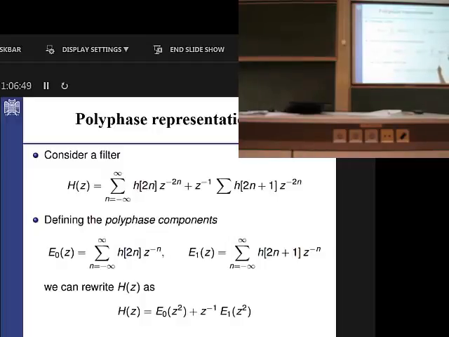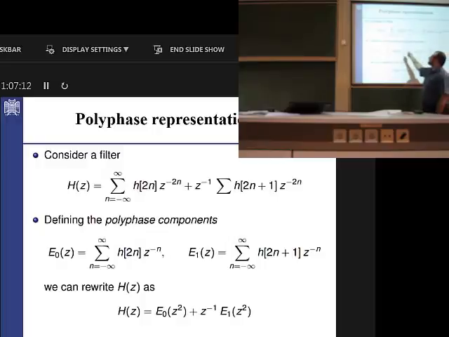So polyphase is nothing but to distribute the H(z) polynomial into two different polynomials, for example, in the first place, because it can also be different levels of polynomials. But here we just assume a combination of two different polynomials with this structure.